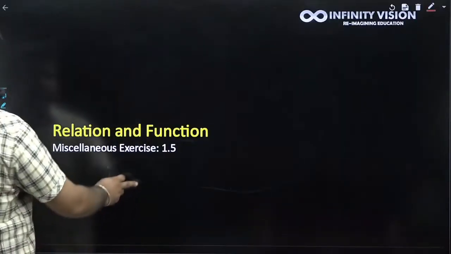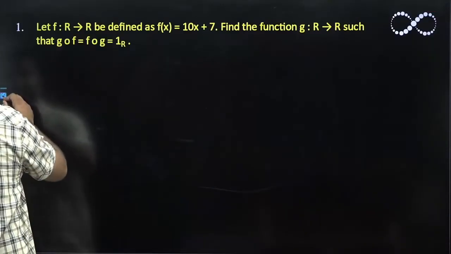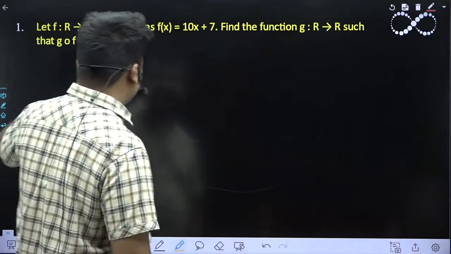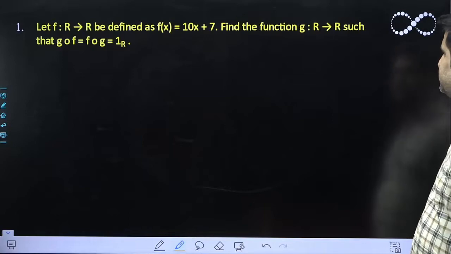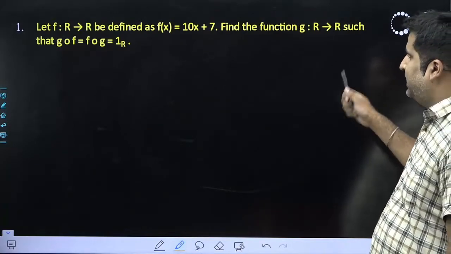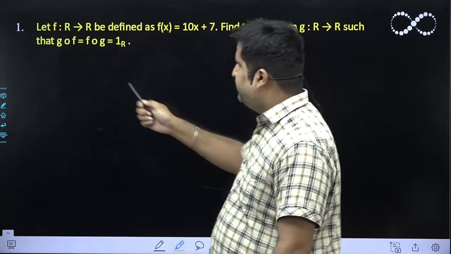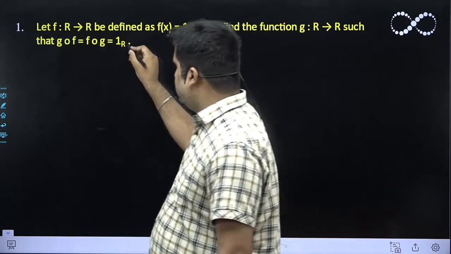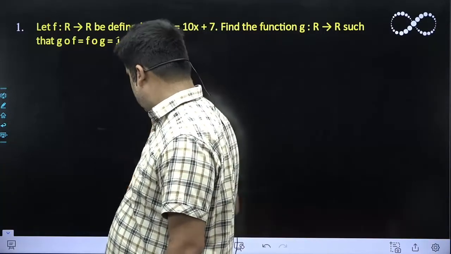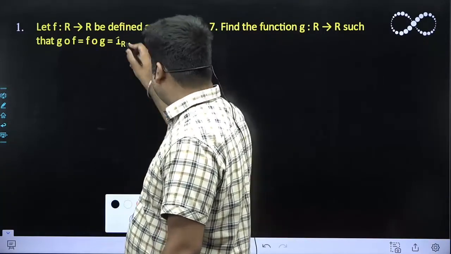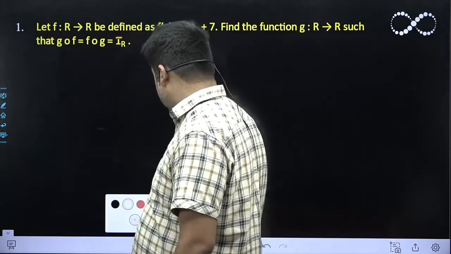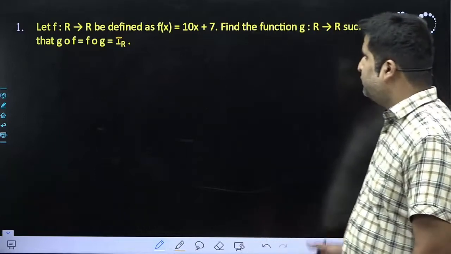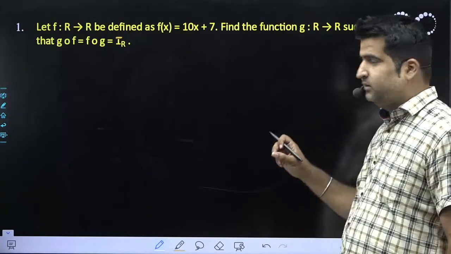The first question is: let f from R to R be defined as f(x) = 10x + 7. Then find the function g defined from R to R such that g of f is equal to f of g, which is equal to the identity function I of R. So let's see very carefully.